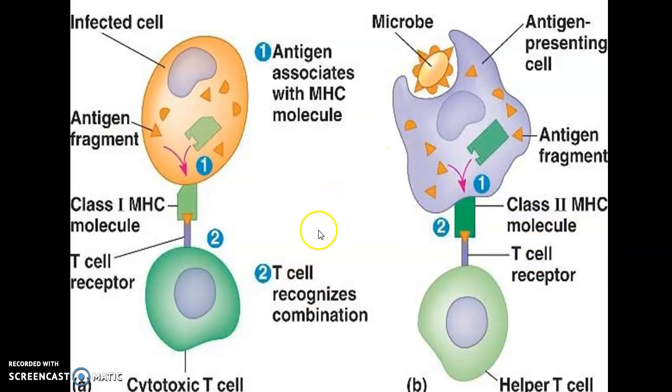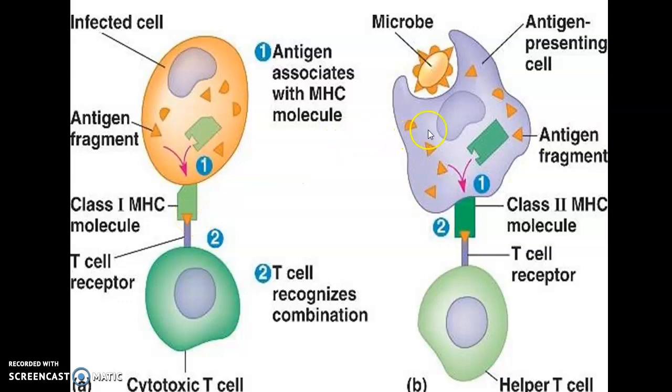So this is shown here. For MHC class 1, this is an antigen presenting cell. The cell engulfs the antigen and it is broken down into fragments. That fragment is presented by the MHC class 1 molecule to a T cell. That T cell is a cytotoxic T cell, and it will only interact with the MHC class 1 molecule.